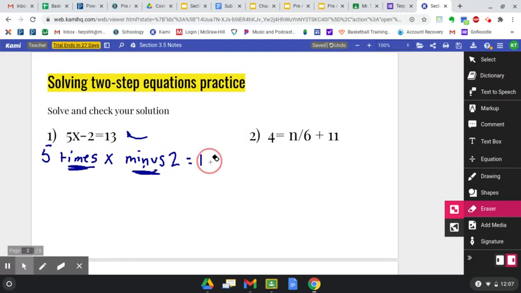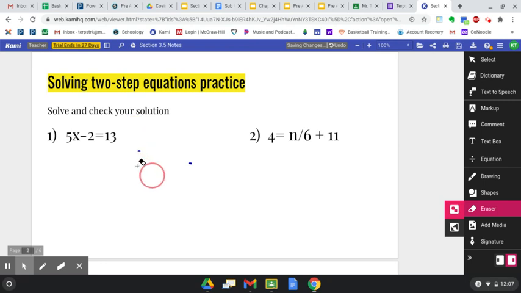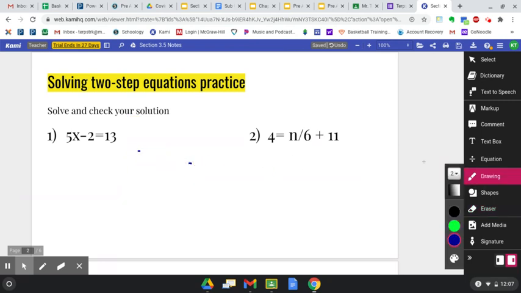So let me get this out of the way real quick. All right, as always, we want to separate the left and the right side of the equation, because remember, in order to keep things equal, we have to do the same thing to both sides of the equation.